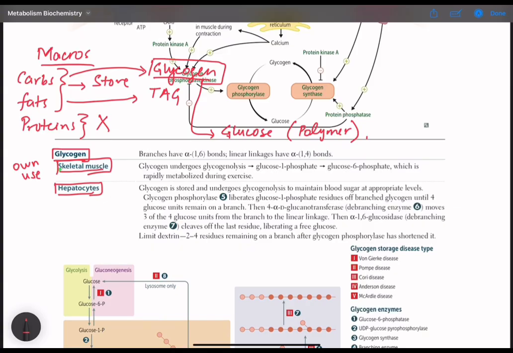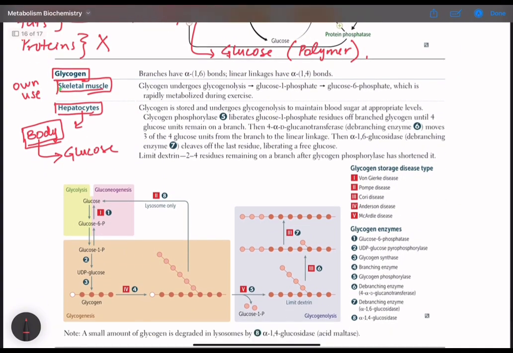But the hepatocyte, or liver, stores it for the use of our body in times of crisis or need. Whenever our body needs glucose, the glycogen stored in the liver will break down and supply the body with glucose. So hepatocytes store it for the body. Branches have 1,6 bonds, linear linkages have 1,4 bonds. I hope it is clear now.